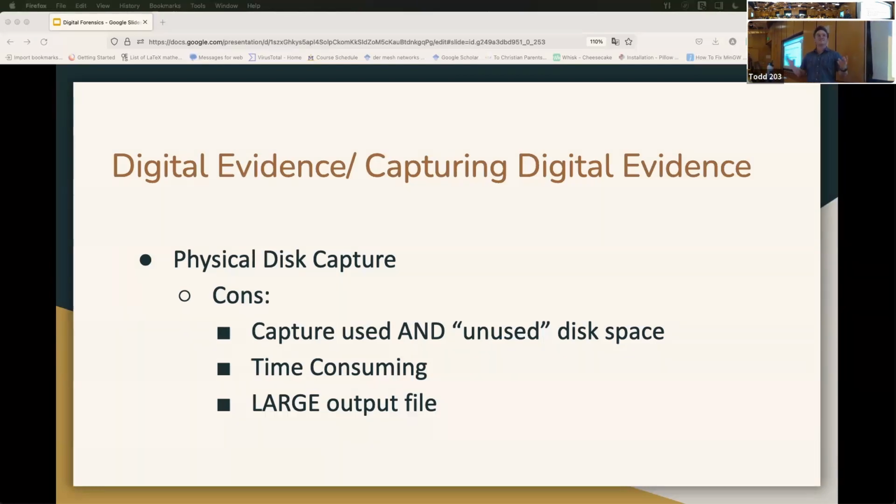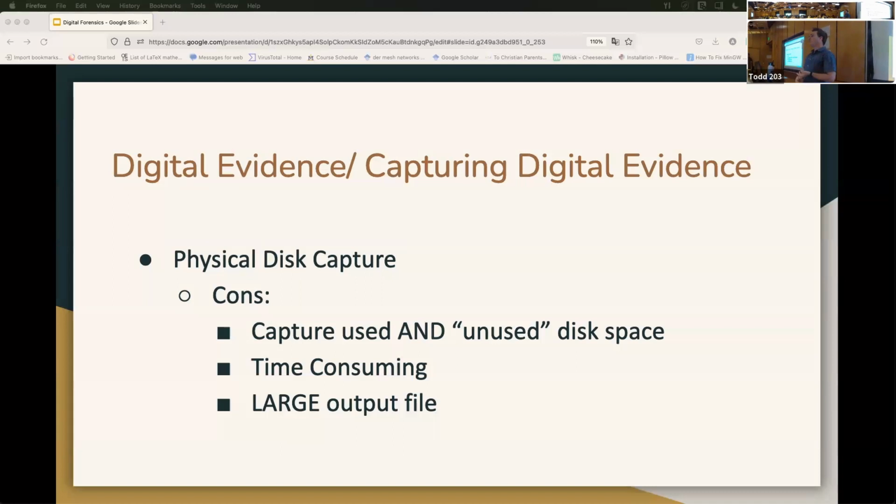The space on your computer has just been marked as free to be overwritten with other things. So yes, it takes quite a bit to truly delete something, which is why if we do a full physical disk capture, we can get that data and potentially recover these deleted files. But like I said, full physical disk capture is time consuming. It takes a very long time, especially if you have a really big file system.